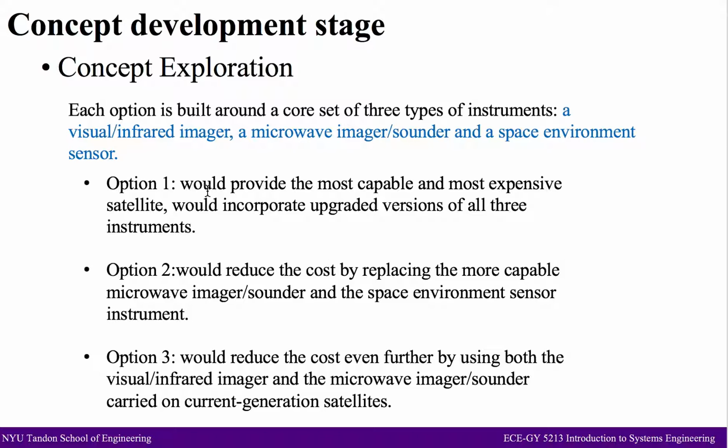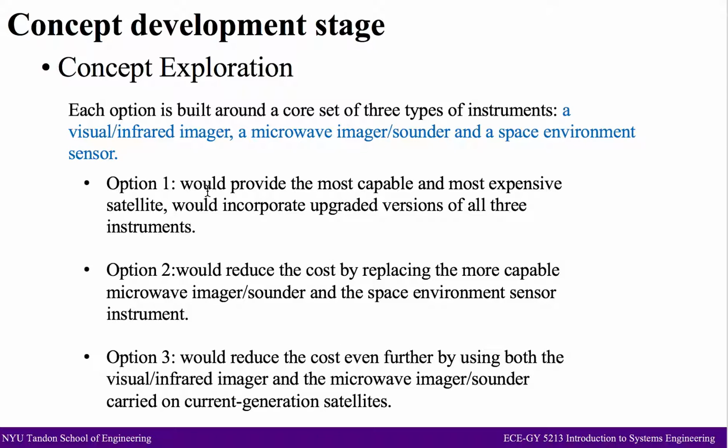The first option would provide the most capable as well as the most expensive satellites, and would integrate upgraded versions of all three instruments. The second option would reduce the cost by replacing the more capable microwave imager and the space environment sensor with the versions carried on the current generation of POES and DMSP satellites.